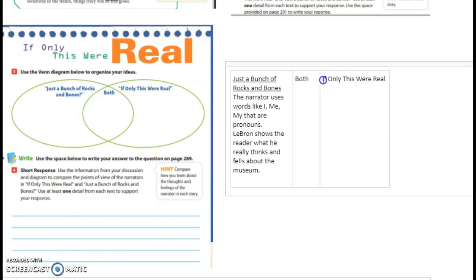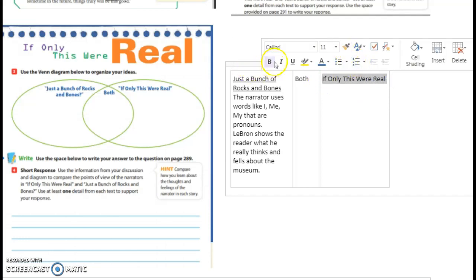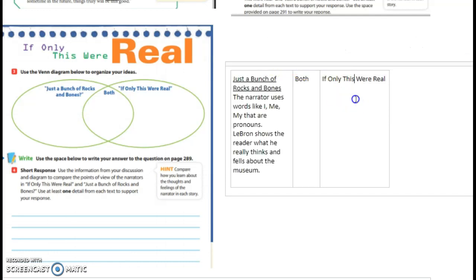And in If Only This Were Real, we have a different point of view. Here, the narrator uses the pronouns she, her, they to describe the things Jerry and Hoshi say and do.